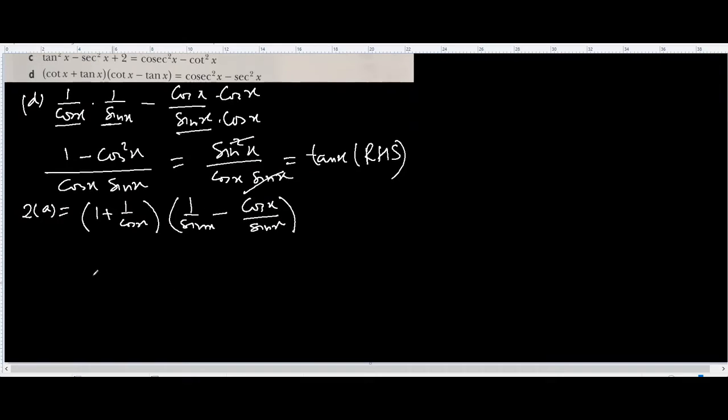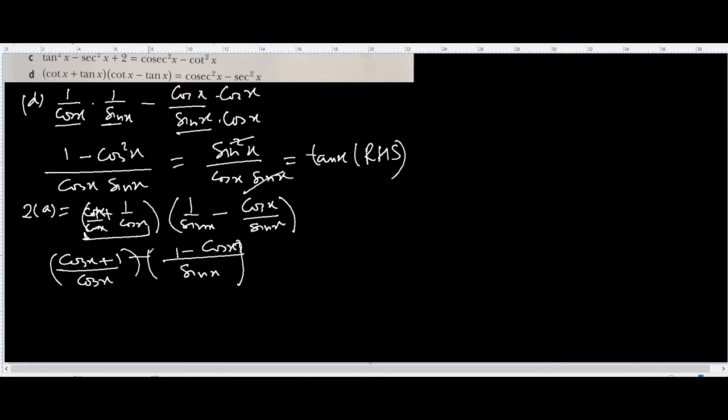Alright. So let's change this 1 to cos x over cos x, so that I can combine these two terms. So it will become cos x plus 1 over cos x. And they have same denominator sin x, so I'll put sin x here. 1 minus cos x on top.